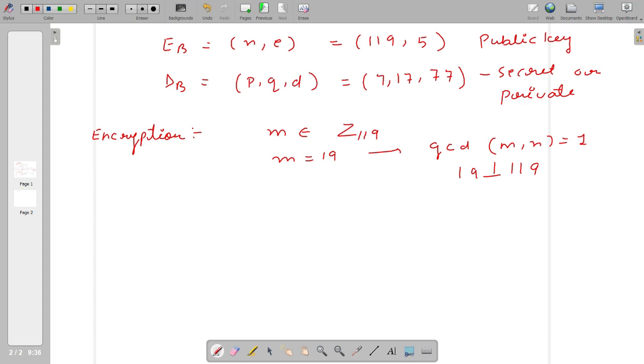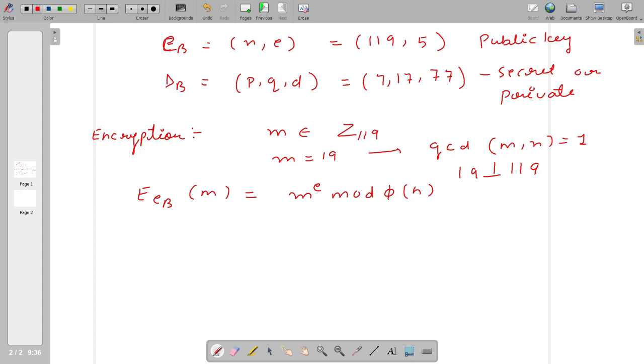Now we are going to encrypt the message using EB. This is the small e of Bob's public key, and this is DB. We calculate it using EB of M, which is M to the power E mod n.